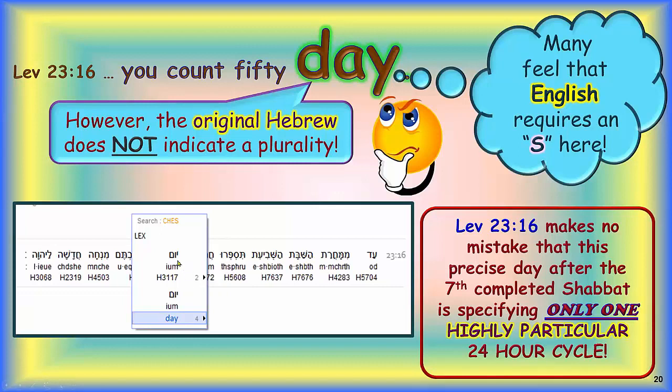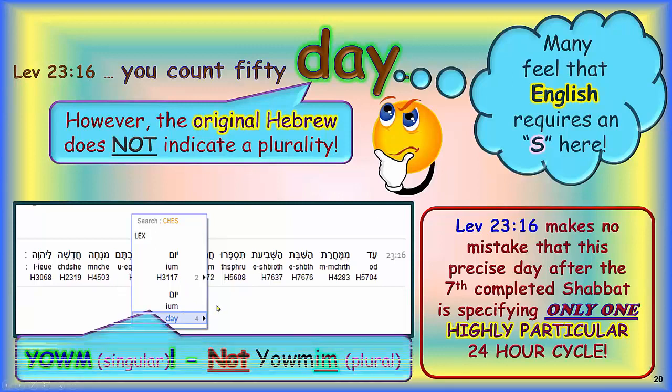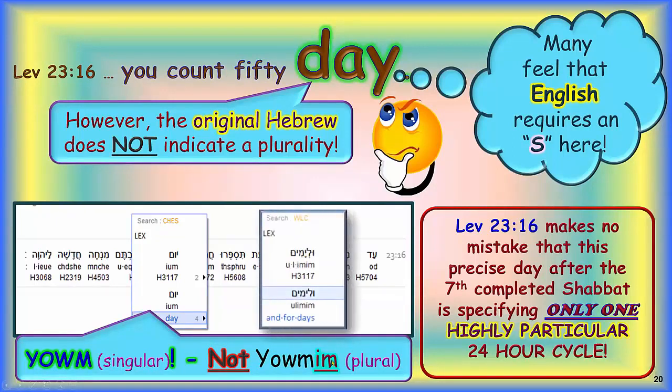I would like to bring you to this box here. You see these letters? Yom. Yom. One singular day. Now let's compare that. Yom is singular, not yomim with the mem suffix. It's not there. What would it look like if it had a suffix? If you look here, ul imim. Whoops, I messed that one up.